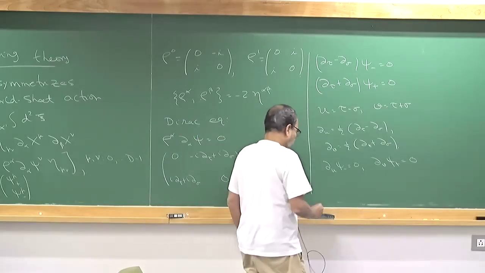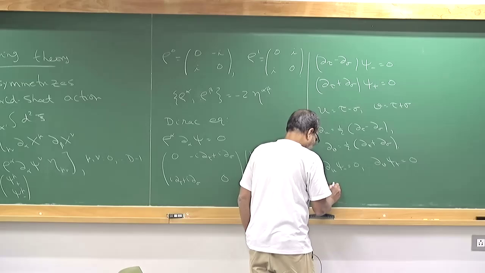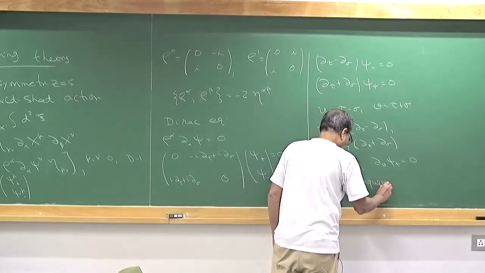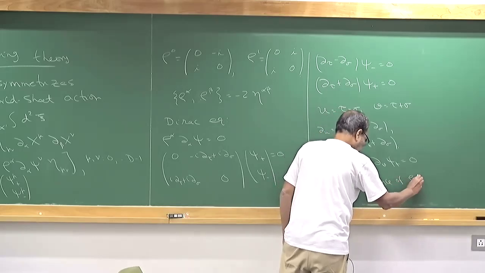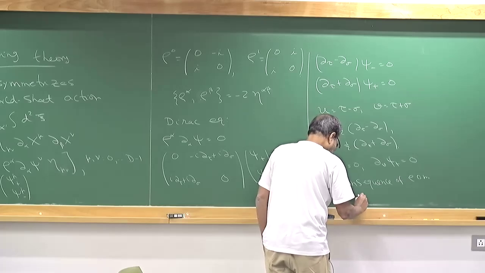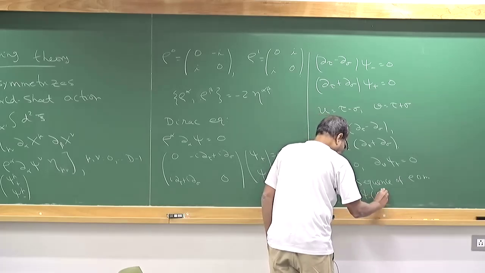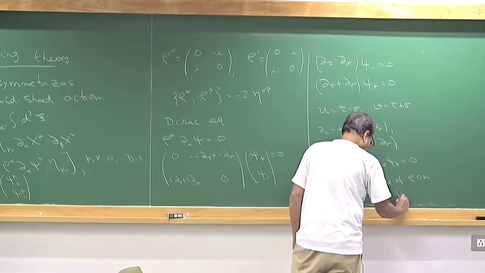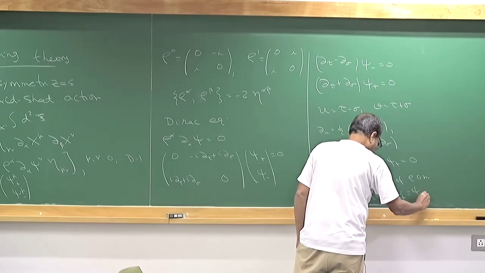So as a consequence of equation of motion, psi minus is a function of v only, and psi plus is a function of u.